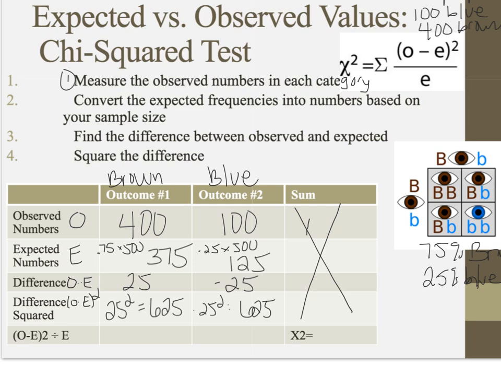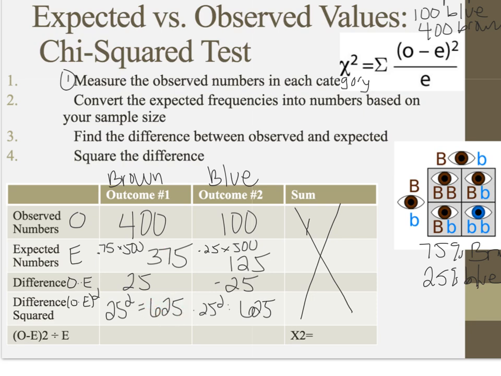And now the last step, well, one of the last steps, is I need to take my difference squared, so these two, okay, and I'm going to divide by the expected value. So that would mean I need to take 625 divided by 375.